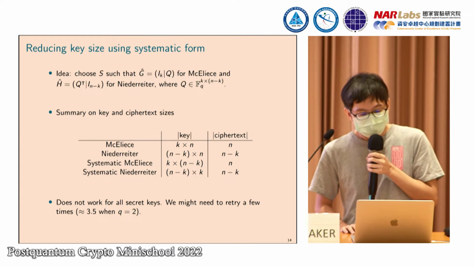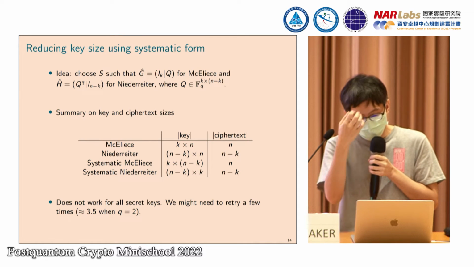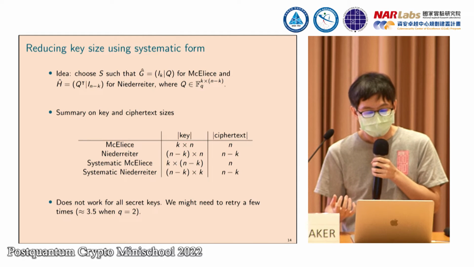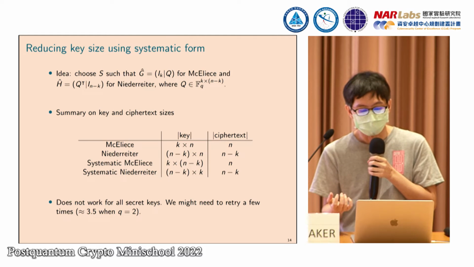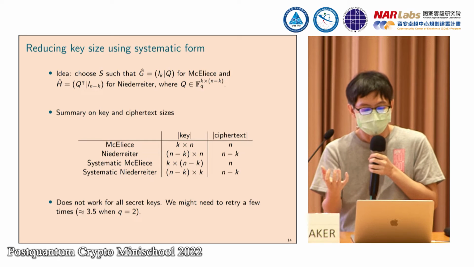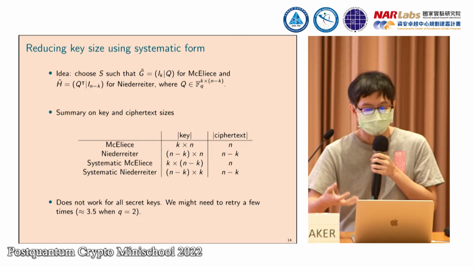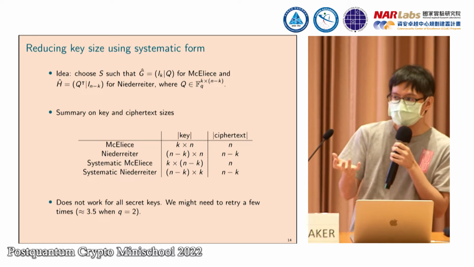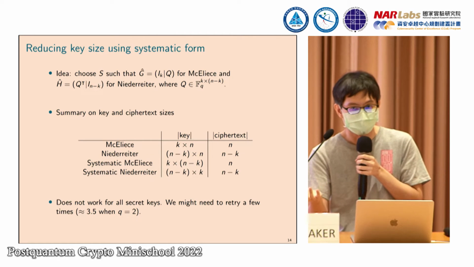What you should notice is that this actually doesn't happen for all the secret keys in the McEliece or Niederreiter cryptosystem. It's very likely that you generate a secret key, and then you try to generate the corresponding public key, and then you realize that this public key cannot be reduced to systematic form.